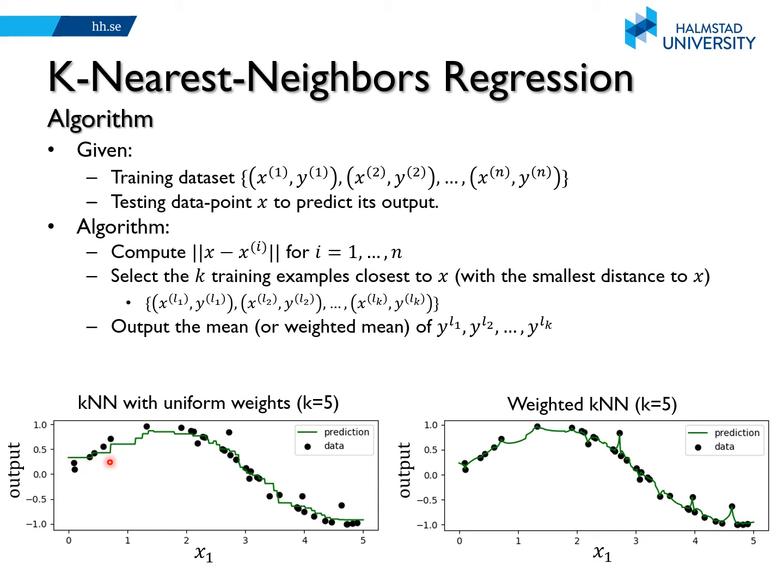So here, the green line shows the prediction corresponding to each possible value of x1. So for each possible value for x1, we make a prediction using the 5 nearest neighbors. And you can see that the weighted k nearest neighbors usually gives a smoother curve here.